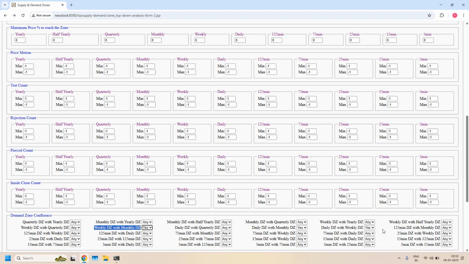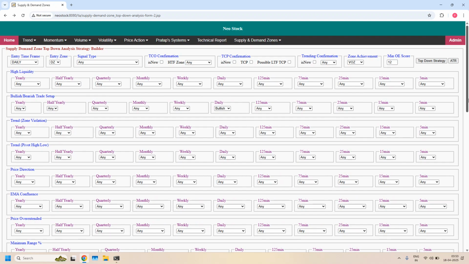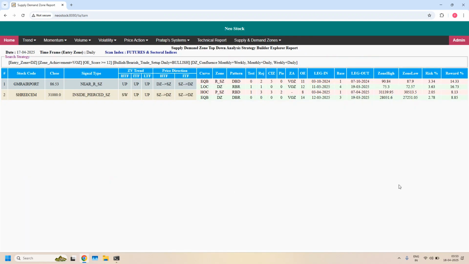With all the 3 filters, LTF, ITF, HTF demand zone confluence, we got 2 stocks. In these 2 stocks, the daily demand zones are overlapped with weekly demand zones. Both together again overlapped with the monthly demand zone.